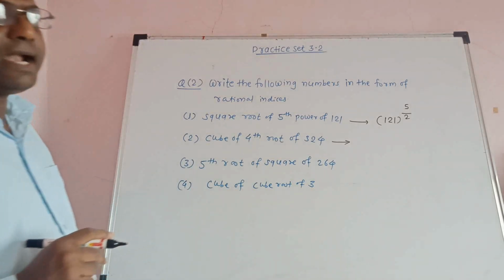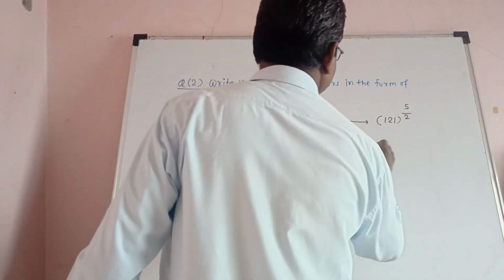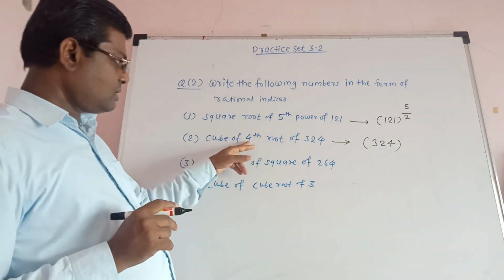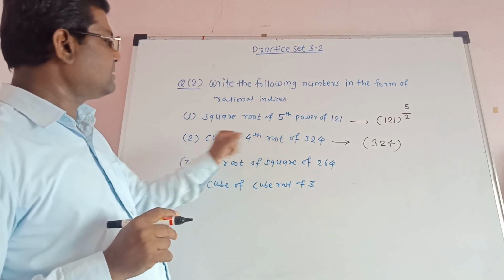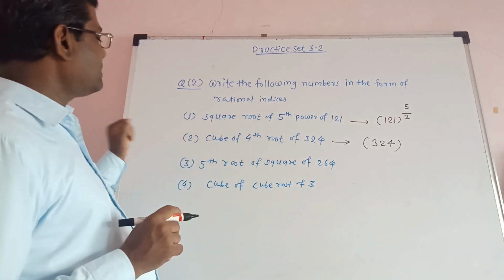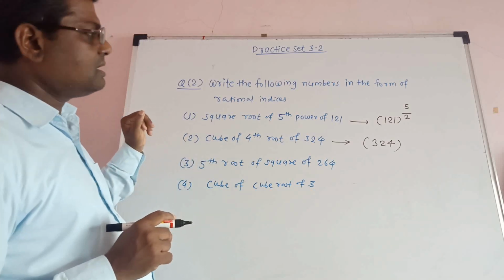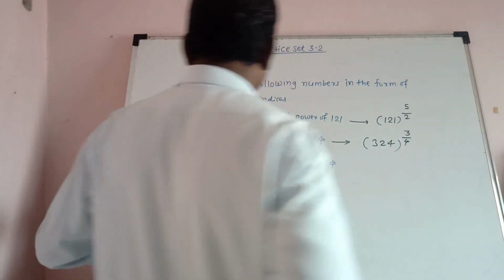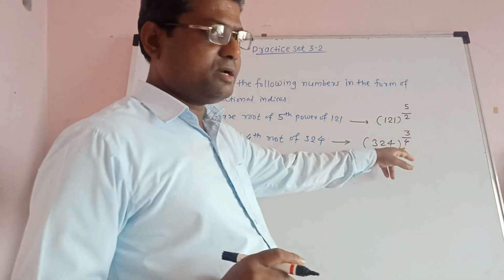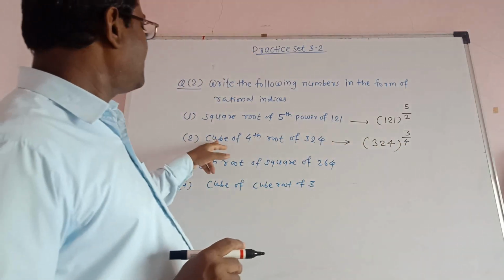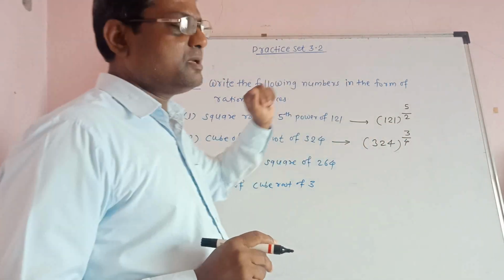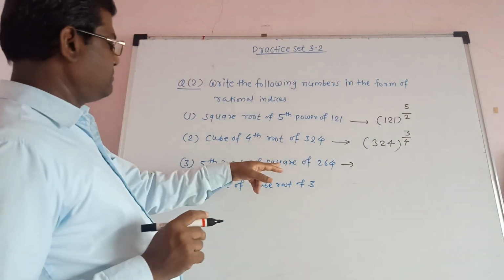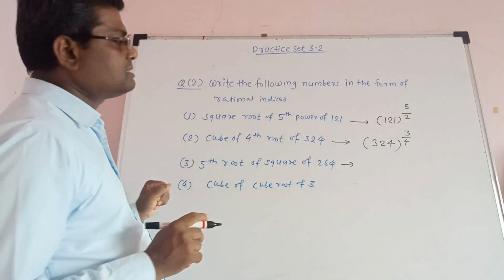Now second example, cube of fourth root of 324. At first write 324. Then let us see fourth root. Fourth root means write 4 in the denominator and cube. Cube means 3. 3 in the numerator. So we write 3 upon 4. Now fifth root of square of 264.